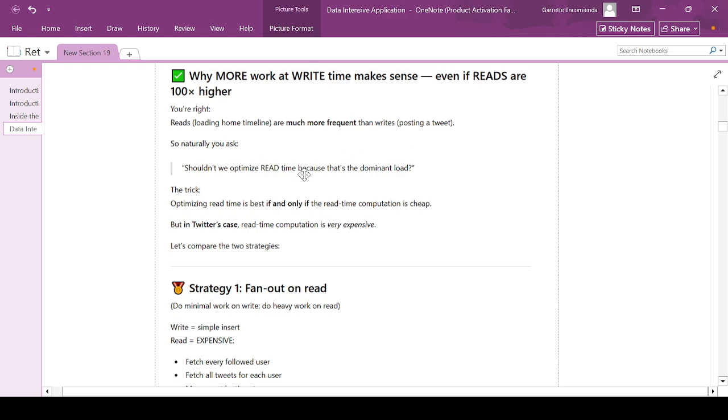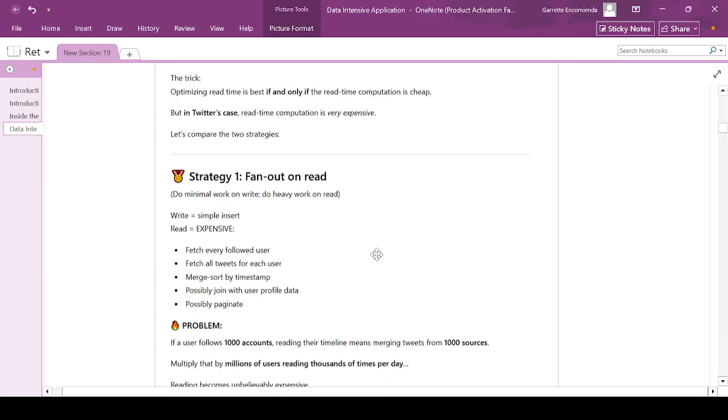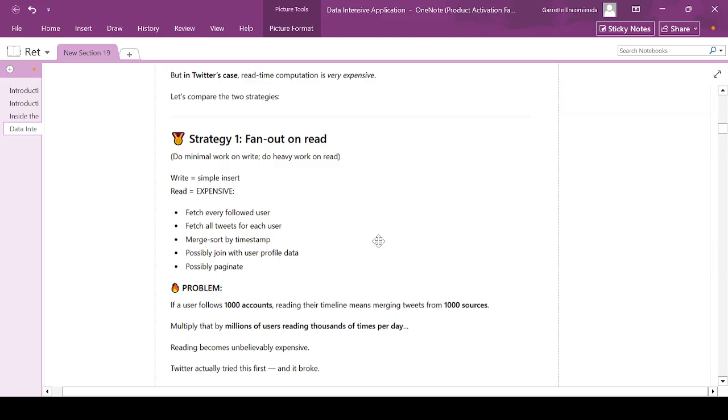So naturally you ask, shouldn't we optimize read time because that's the dominant load? The trick: optimizing read time is best if and only if the read time computation is cheap. But in Twitter's case, read time computation is very expensive. Let's compare the two strategies. Strategy 1, fan out on read. Do minimal work on write, do heavy work on read.